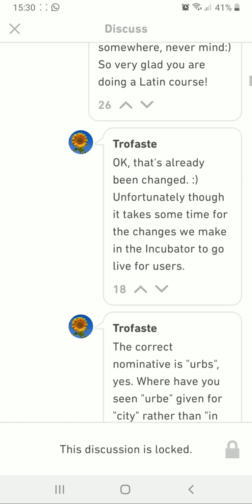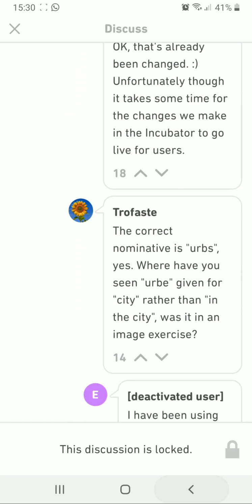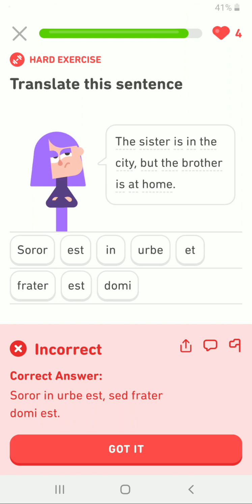If this has already been discussed somewhere, I don't think so. I think these are quite confusing, unfortunately. But here, soror est in. I don't see the rule why we should put the verb after in urbe.